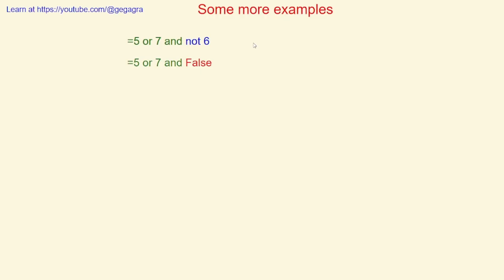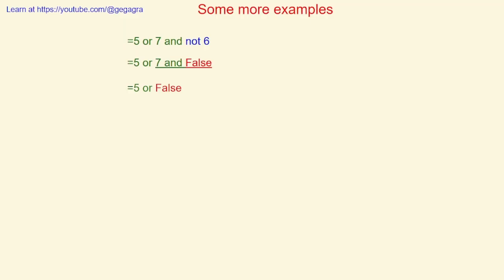We have seen that and is prioritized here, and that is why we'll have to find the false value. The first false value is false, so out of 7 and false, it will return false, and that is why you see here 5 or false.